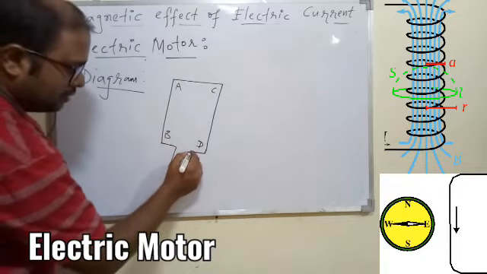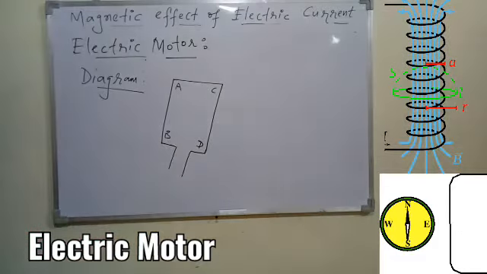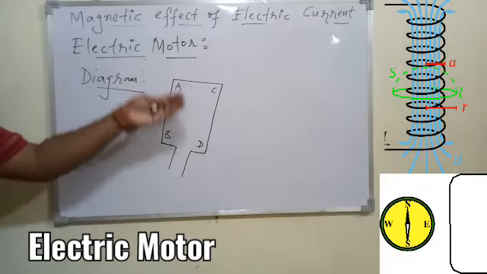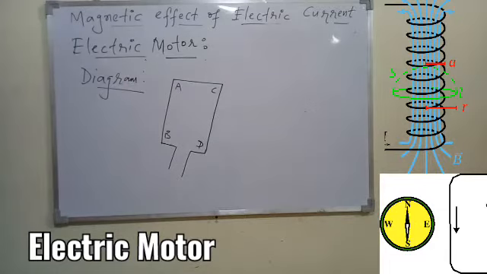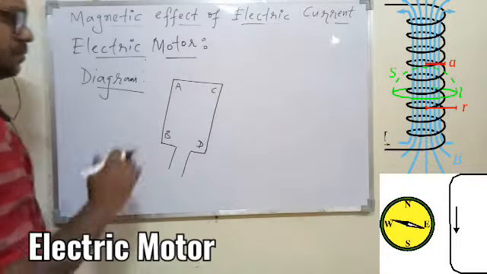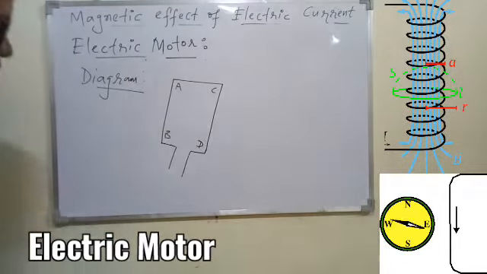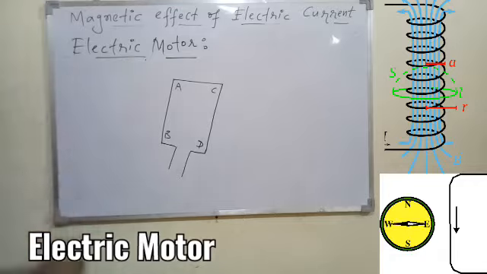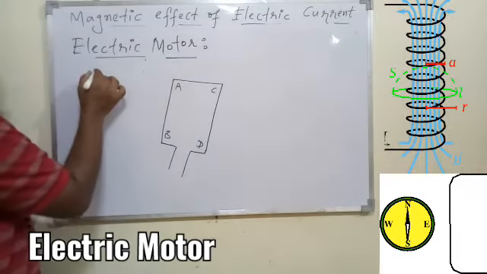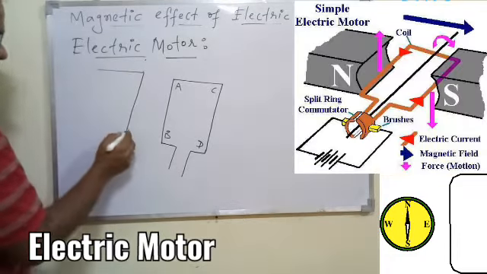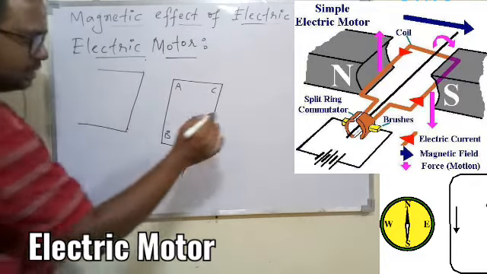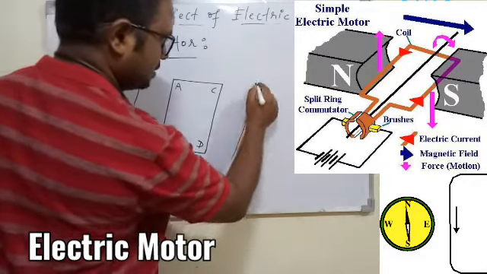It will have two different terminals of wire which is wrapped over the core. Okay, and then this is placed between two different magnets. So one side we have one magnet, another side we have a different magnet.